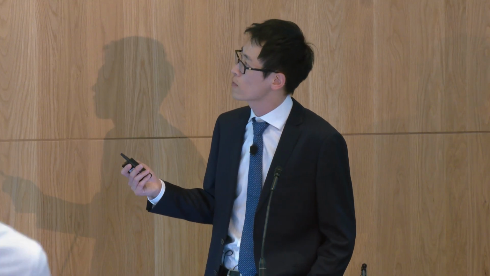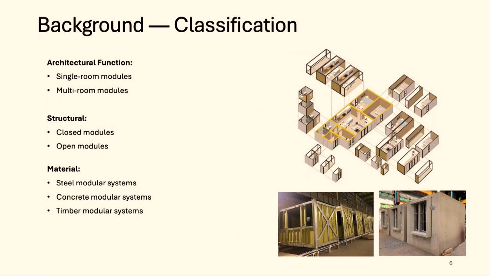Okay, so this product has variations. For example, from the architecture functional perspective, we can classify them as single-room modules, like the kitchen and the bathroom parts, and we can have multi-room modules that usually serve for apartments. From the structure perspective, we have the closed module, where you have the complete enclosure from 4 sides, or you have the open module, which can be used to form a larger space.